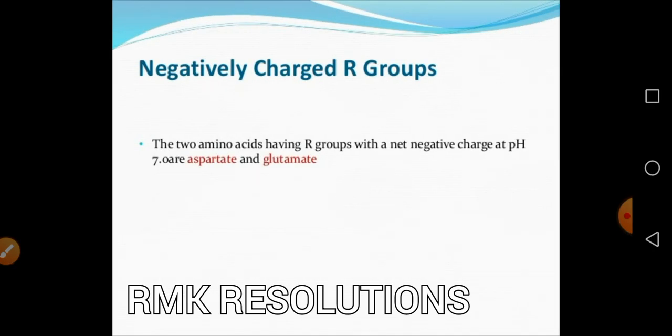Then the next class is the negatively charged R groups. Here aspartate and glutamate come. These particular amino acids have R groups with a net negative charge at pH 7.